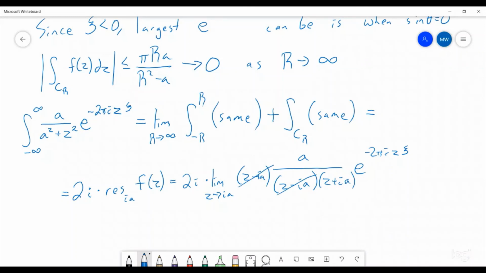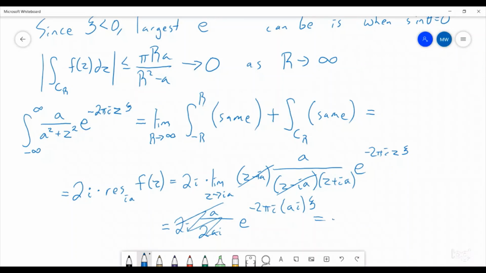So that and that cancel, and then we're able to just plug in ai, and so this is equal to 2i a over 2ai e to the minus 2 pi i ai c.